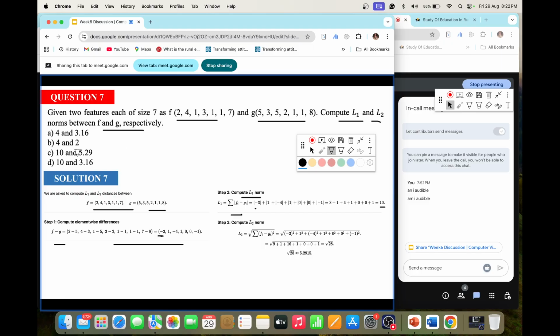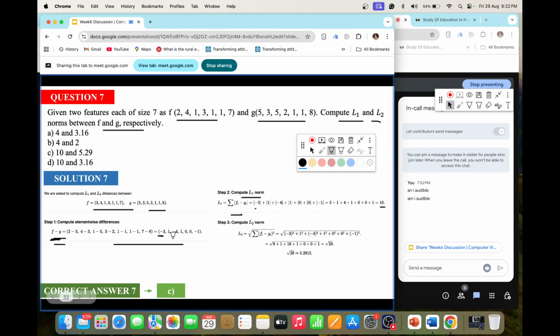Okay, L1 is coming 10, and L2 is nothing but the root over this, or to the power 1 by 2. Okay, so just do fi minus gi whole square. F minus g is already given, so you just do fi minus gi square.